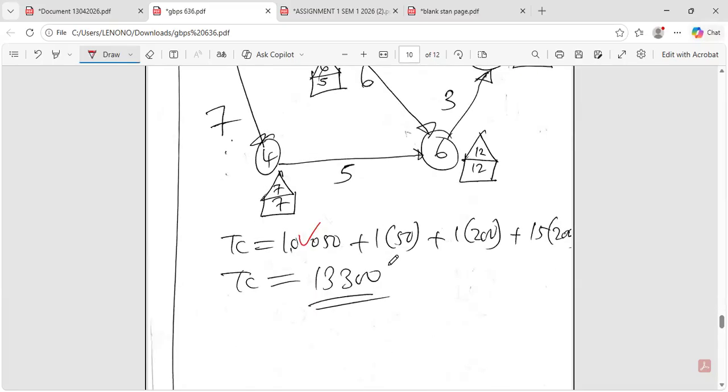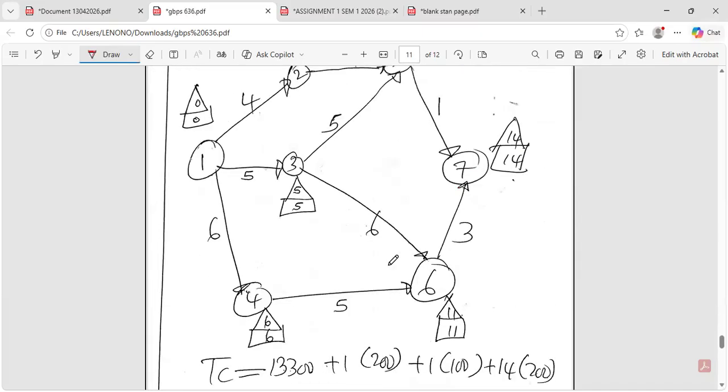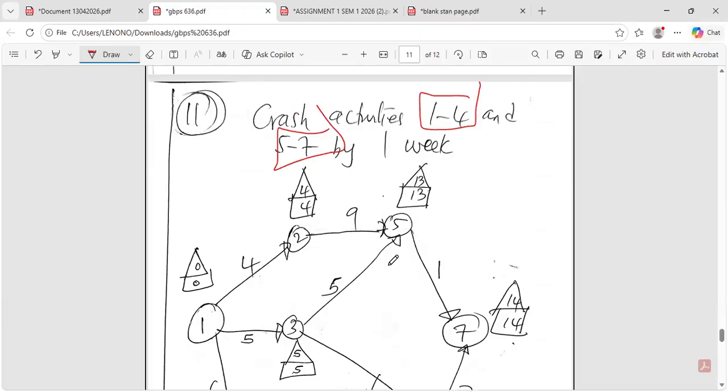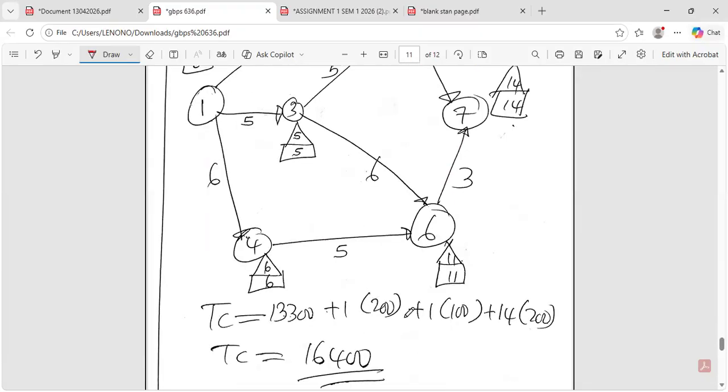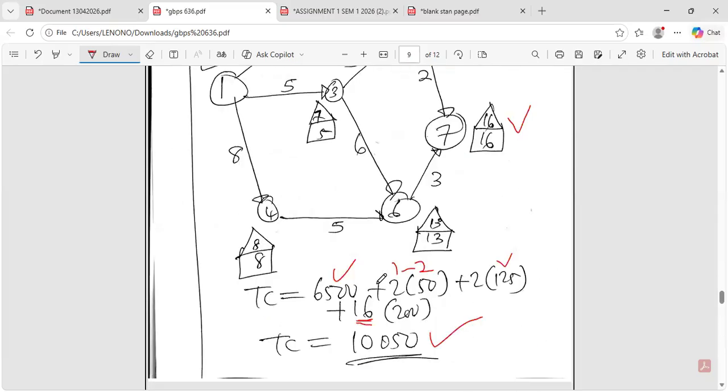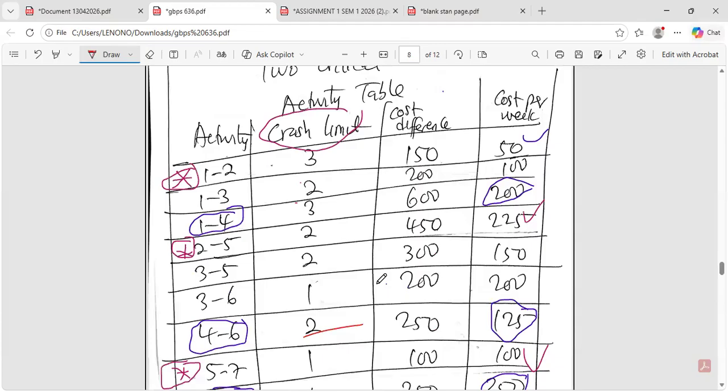Okay. So after that, we moved on to crash activity 5 to 7 and 1 to 4 by 1 week, where you multiply these by the respective crash limits. You're looking at the cost per week.